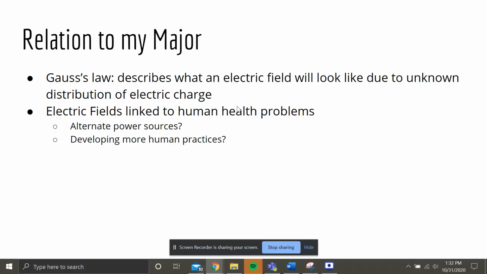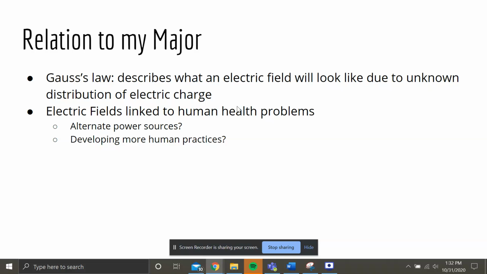Gauss's law describes what an electric field will look like due to an unknown distribution of electric charge. I'm studying environmental engineering, which often assesses humans' risk and risk to the environment too.